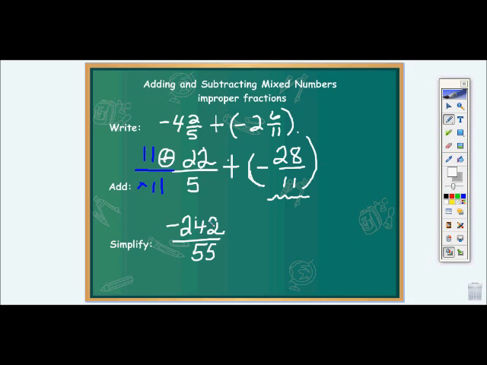This time, I need to get from 11 to 55, I'm going to be multiplying by 5. So I need to do the same on the top, multiplying by 5. I have a negative 28 times 5.